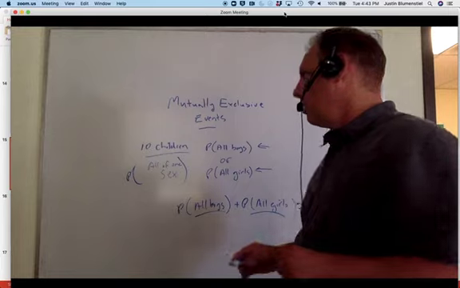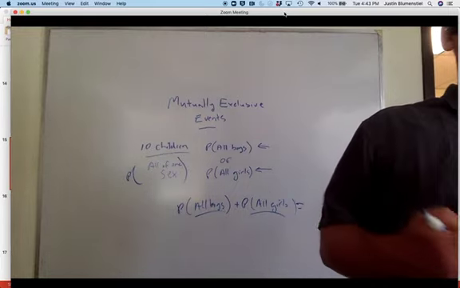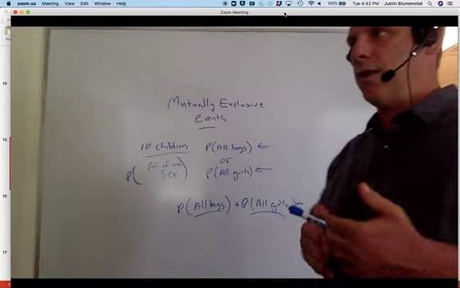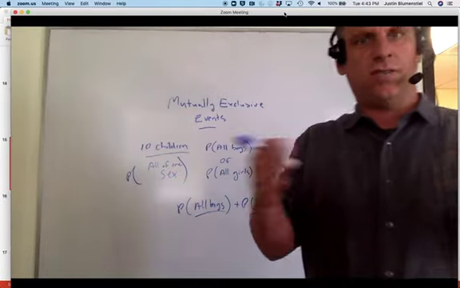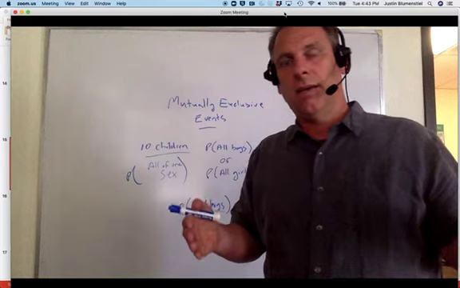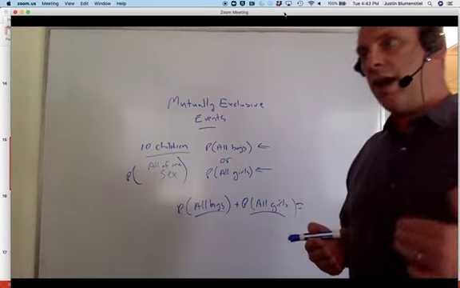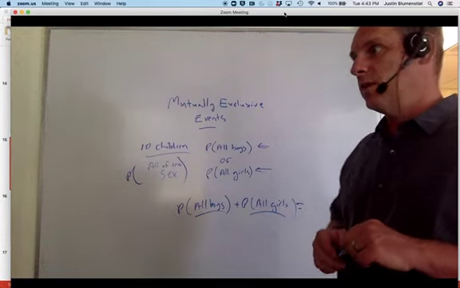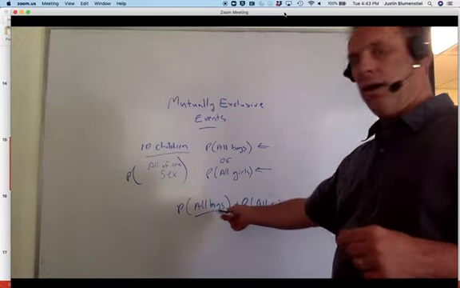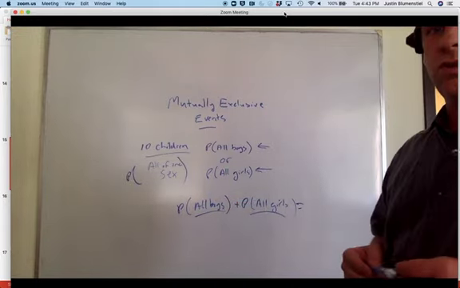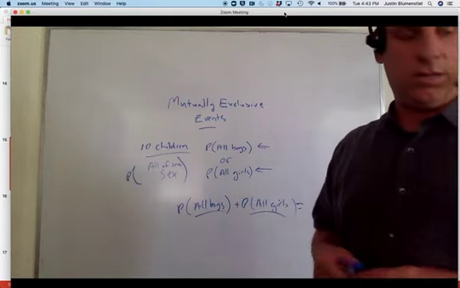Sometimes people get confused about when you can multiply and when you can add. The rule of multiplication is if you're building up a probability of a bunch of different events that happen independently, you multiply. But if an event is a composite of things that are not independent, and in fact they're mutually exclusive, because clearly these are not independent, if you are all boys, then you exclude all girls. They're highly dependent on each other.